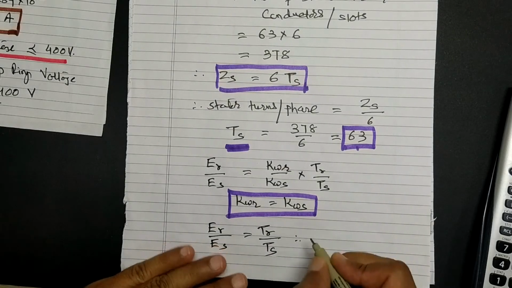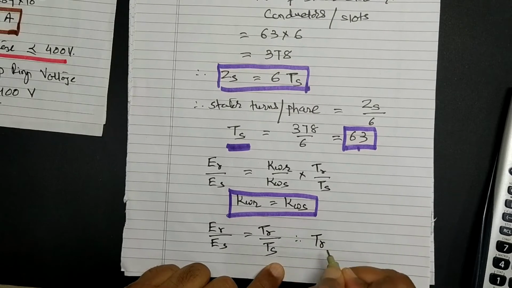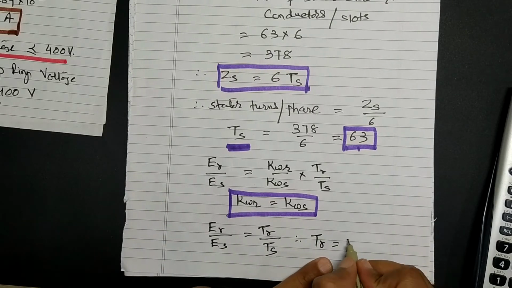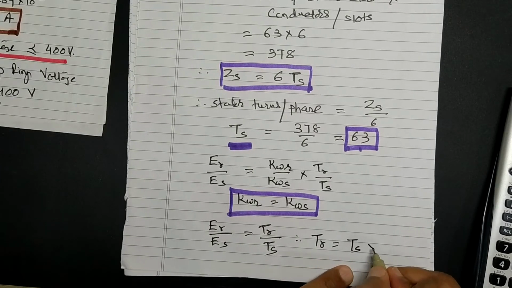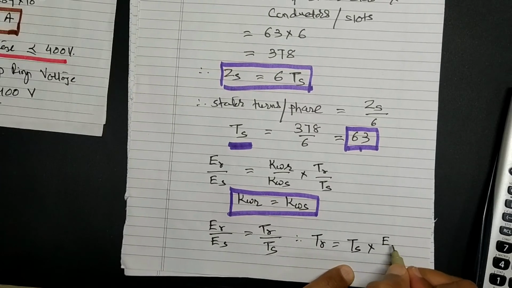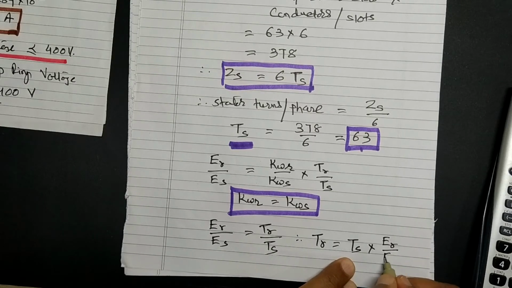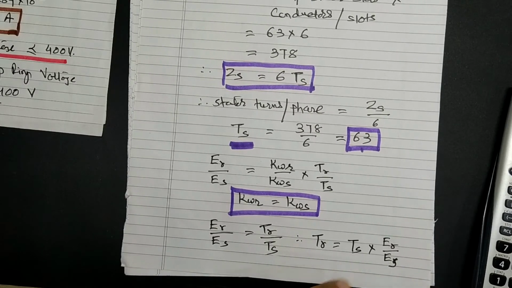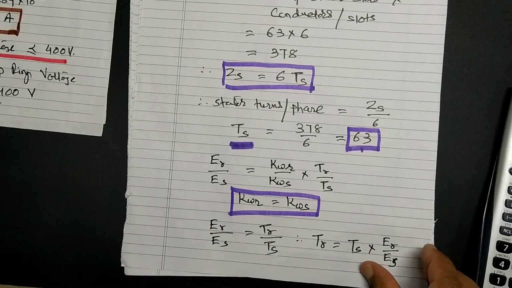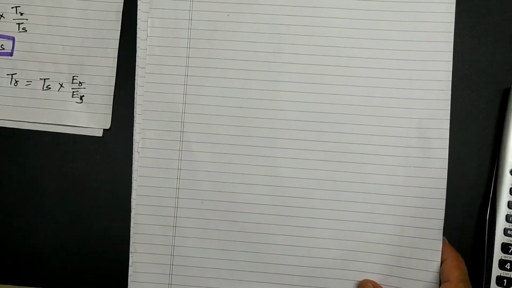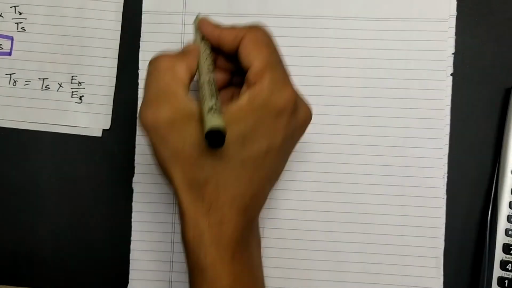Based on this equation, the total number of rotor turns is equal to stator turns multiplied by rotor phase voltage divided by stator phase voltage. So based on this equation, we can easily calculate our rotor turns.